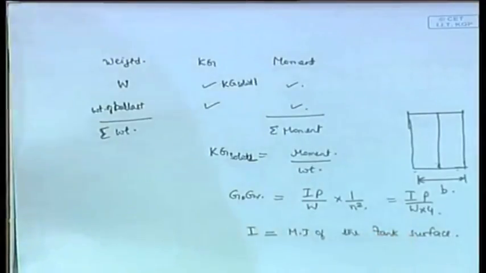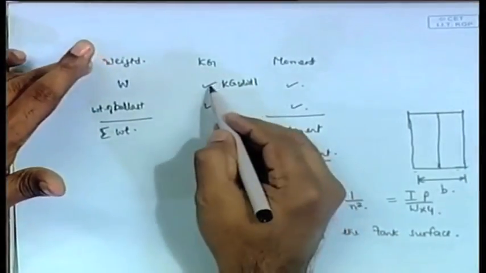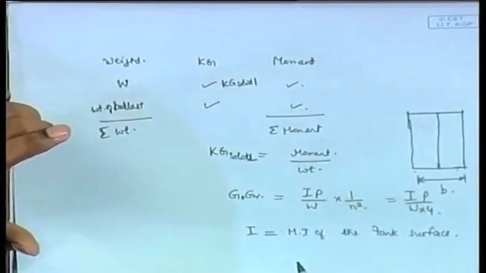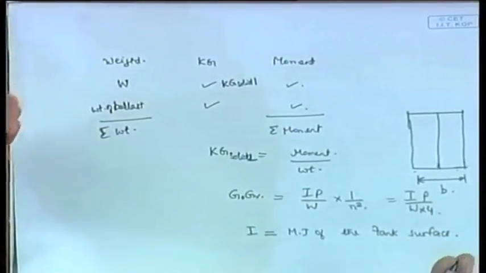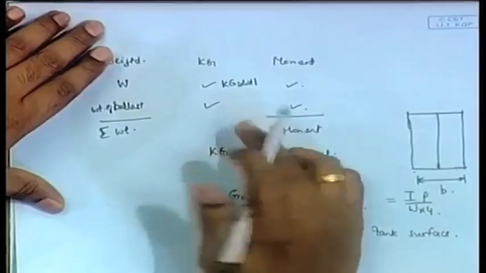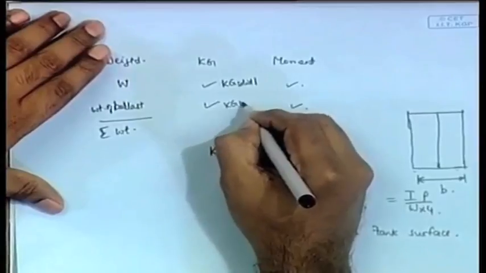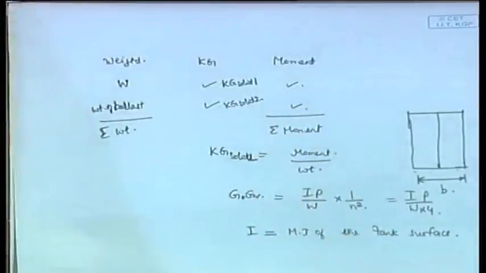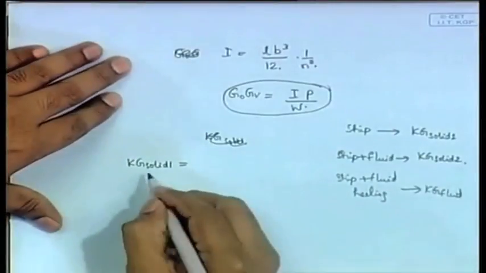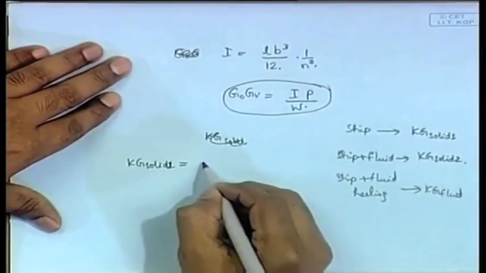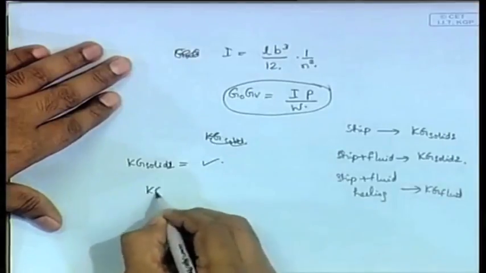The kg of the ship alone without the liquid being added to it is what we are calling kg solid 1. Now, to it fluid or water has been added at the bottom and still it remains upright. It is not heeling or anything, it is remaining upright, but water has been added. Then you have kg solid 2 and then it heels, and it becomes kg fluid. So, kg solid 2 we have already calculated. How will you get kg fluid?